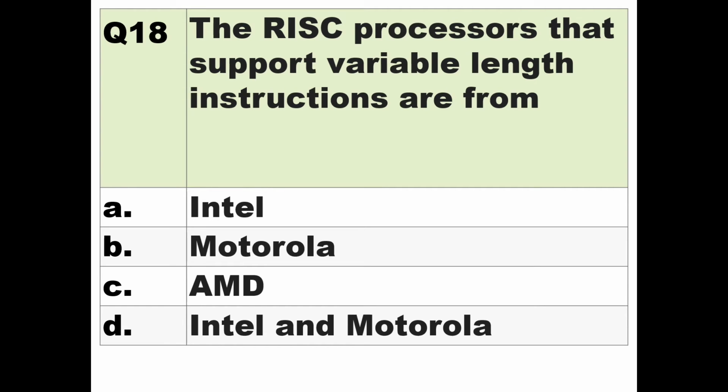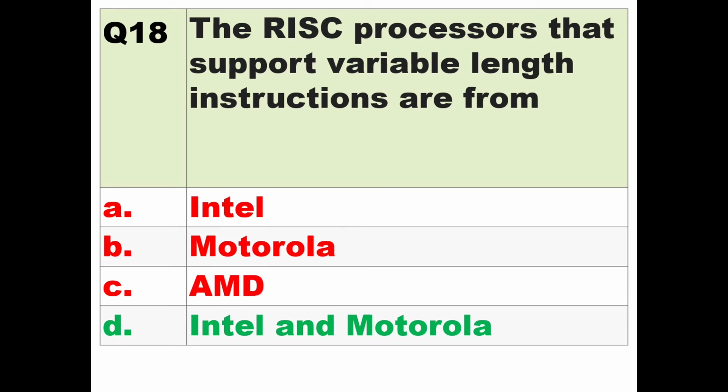So here the basic companies which support variable length instructions are Intel and Motorola. Intel and Motorola have many ICs of microcontrollers and other things which have these RISC processors, which are based on RISC design, that support variable length instructions. So option D will be the right one: Intel and Motorola, both the companies.